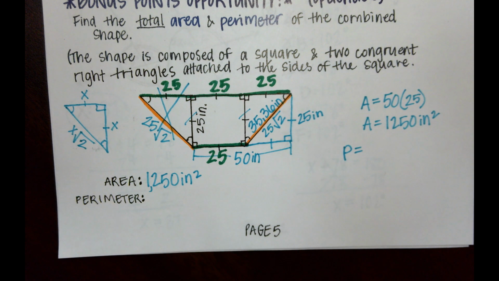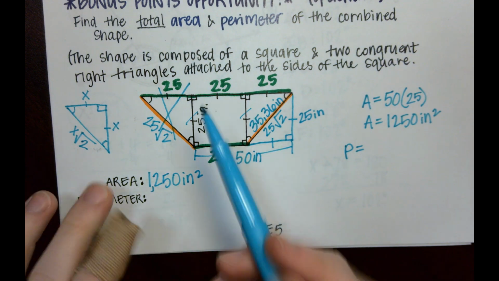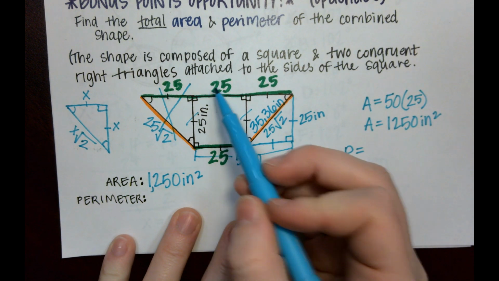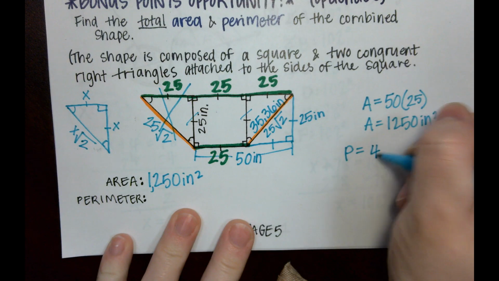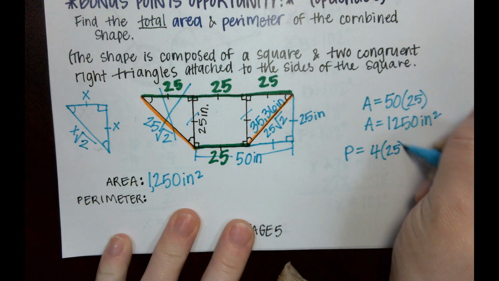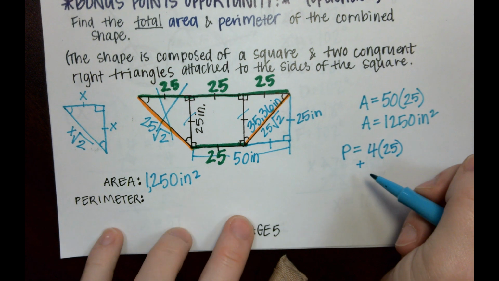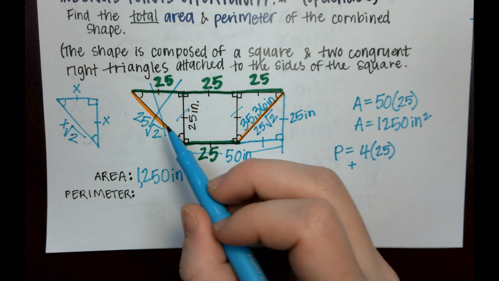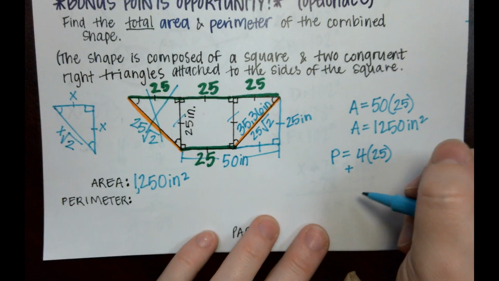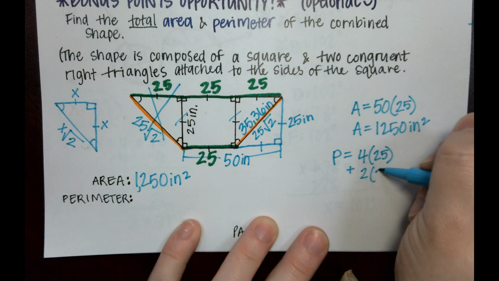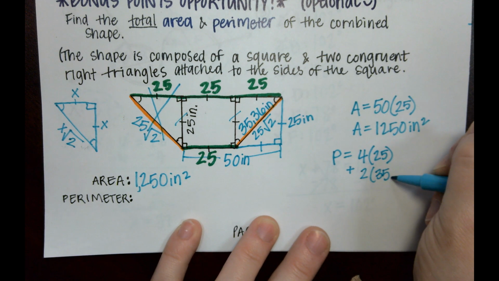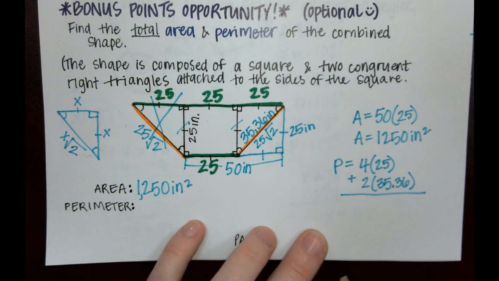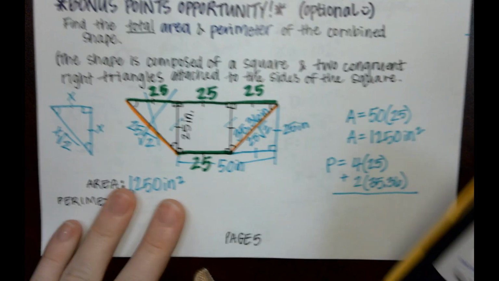No, perimeter is just the outside. So, let's see. We had 4 of those 25. So we could do 4 times 25 since there's 4 of those. And we can add it with, looks like we have 2 of the 35.36. So then we just multiply those and add them together.